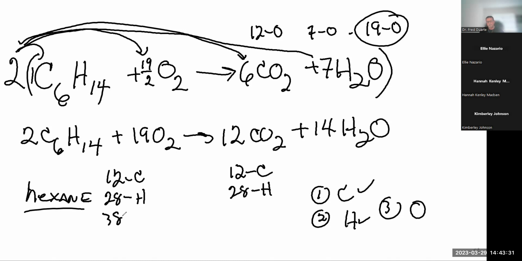Let me check my math. Right? And on this side, you have 24 oxygens coming from carbon dioxide and 14 coming from water, for a total of 38 oxygens.